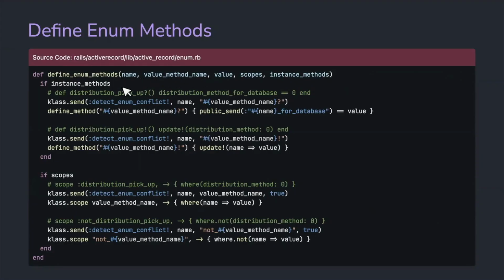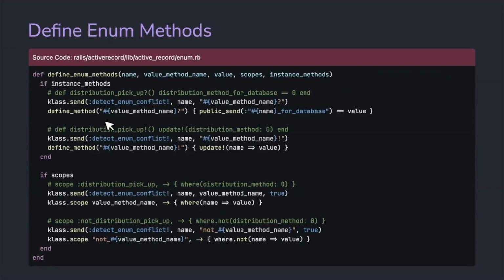So now we have this, and again, we have the instance methods and the scopes. The default value was true for both of them, but we could pass false if we didn't want them. Here, this is just saying we're defining based on if there's a suffix or prefix and what the value names are.